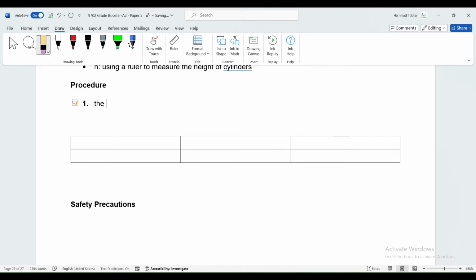The diameter of a cylinder is measured, and the corresponding cross-sectional area A is recorded.